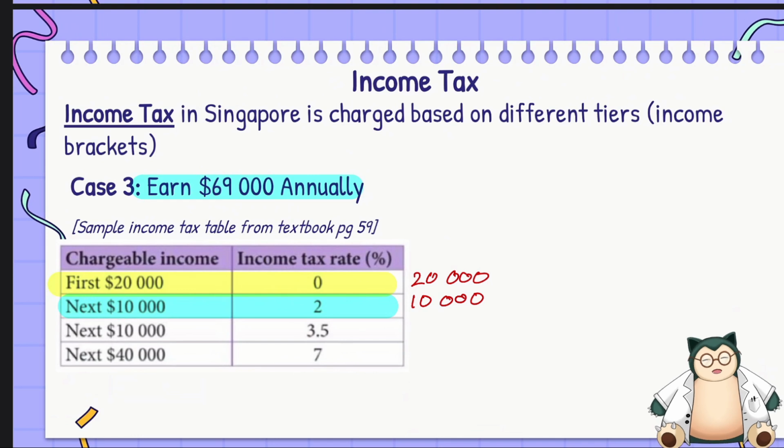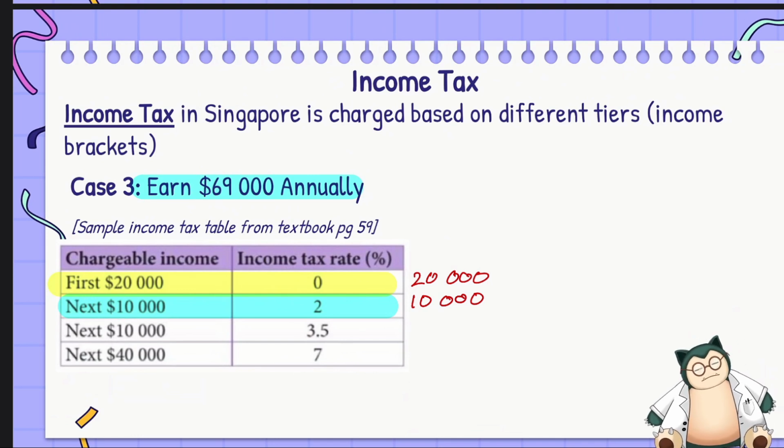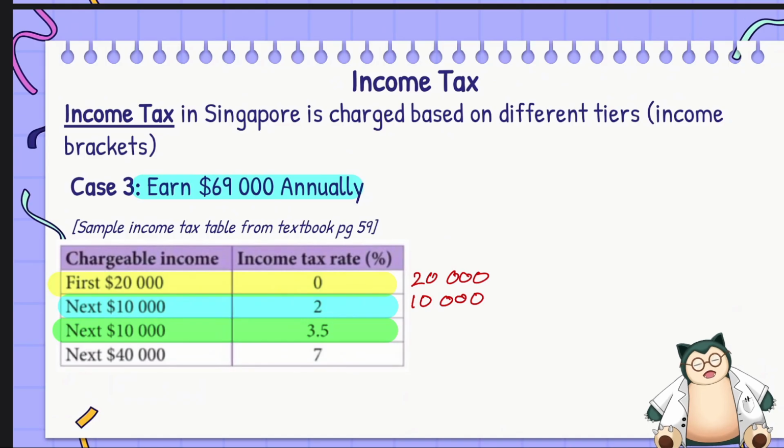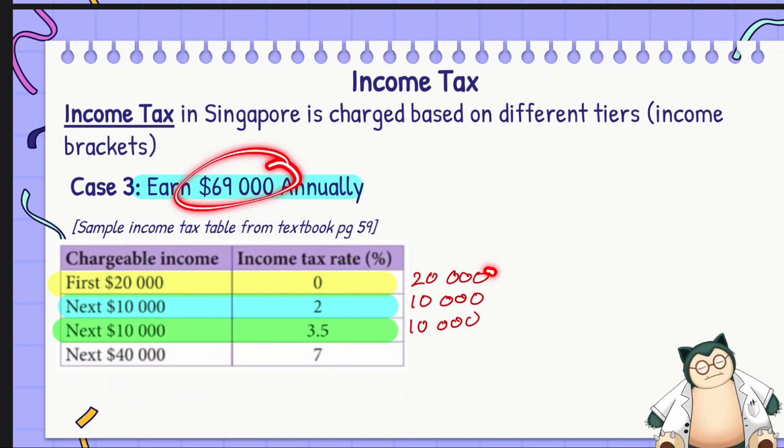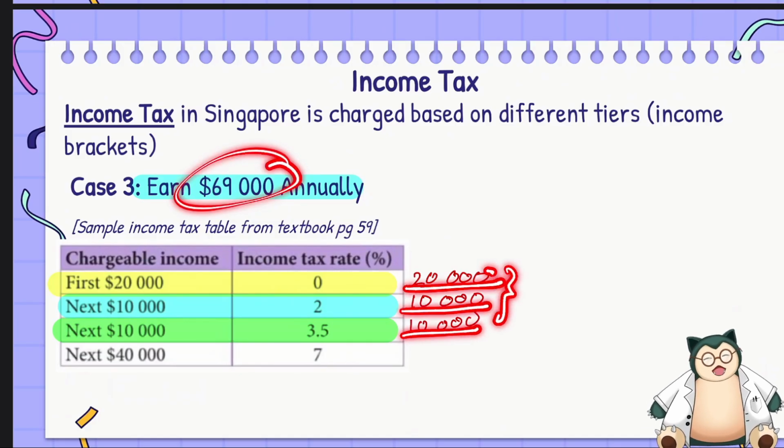All right, we have covered the bracket fully. Then we look at the third one, next 10,000, also hit. All right, because our $69,000 includes this first 20,000, next 10,000, next 10,000. So far the total is still 40,000.